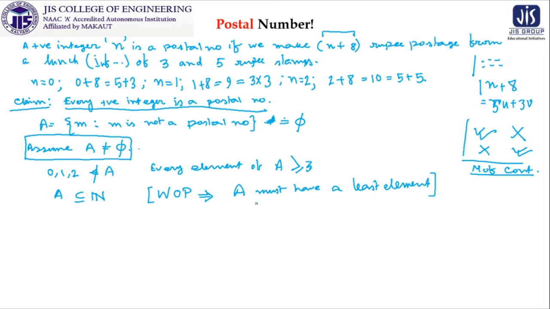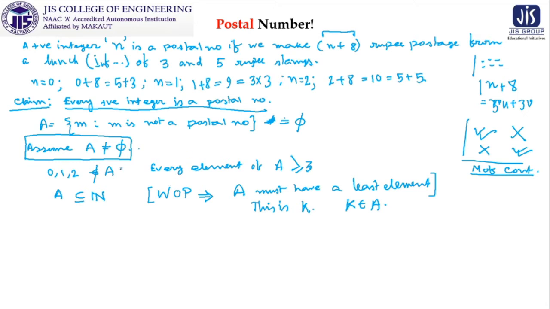We are assuming that this is, suppose K. So K belongs to A. K is the least element of A, and obviously K is not a postal number. That is why K is in A. So these are in our hand.